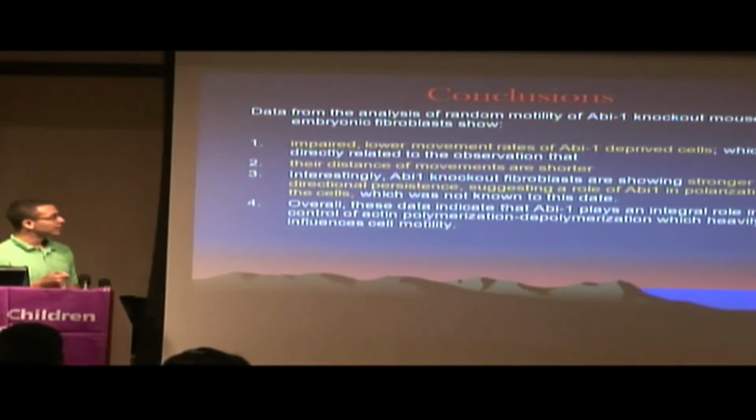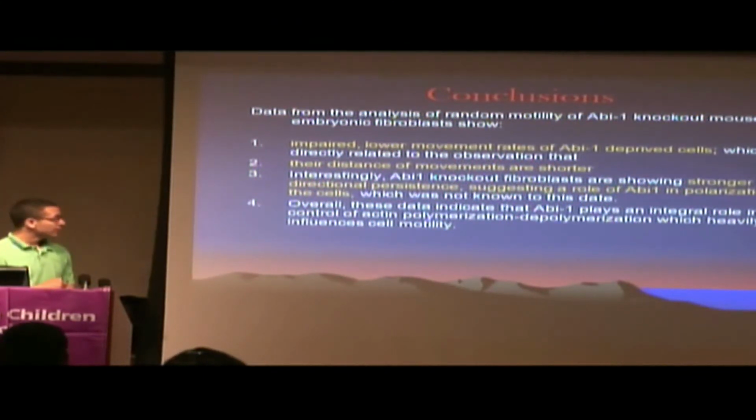So this led to the conclusion that there was an impaired, lower movement rate of the ABI1-deprived cells, so the knockout cells had a lower rate and lower distance, which showed that there was a stronger directional persistence, suggesting a role of the ABI1 protein in polarizing the cells.